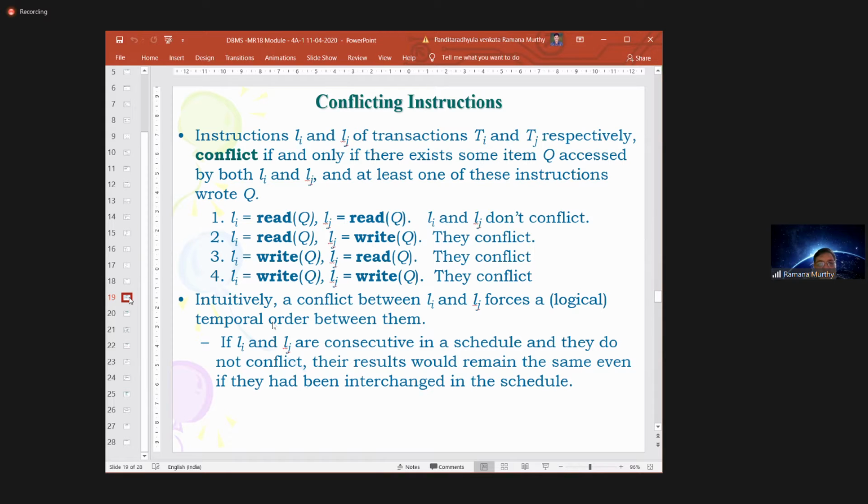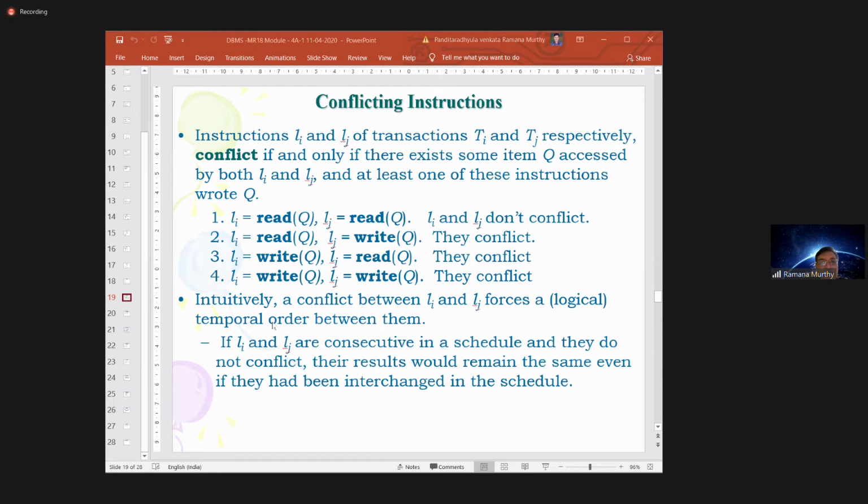But if one of these two operations is a write operation, TA and TJ, we can't do those operations in an interchangeable fashion. We need to follow the same order, because if one is read and the other is write, the value read by TA may be modified by TJ, or the value modified by TI is different in the aspect of TJ.